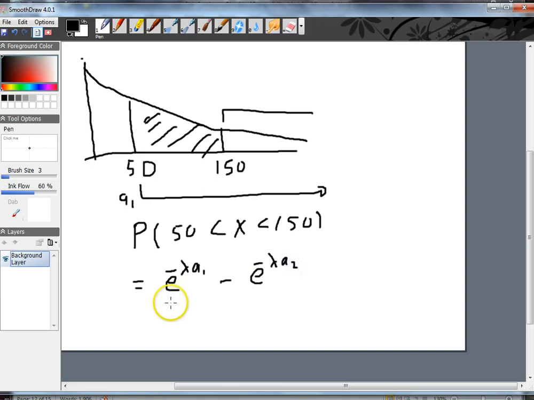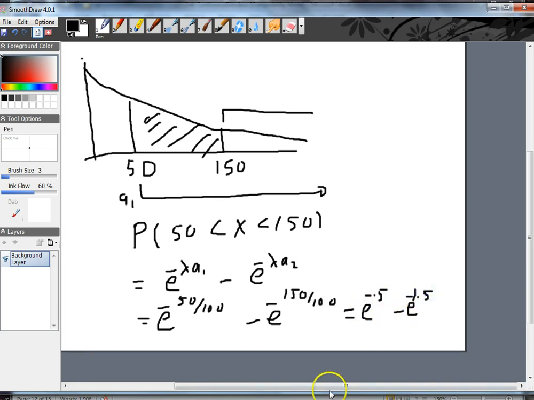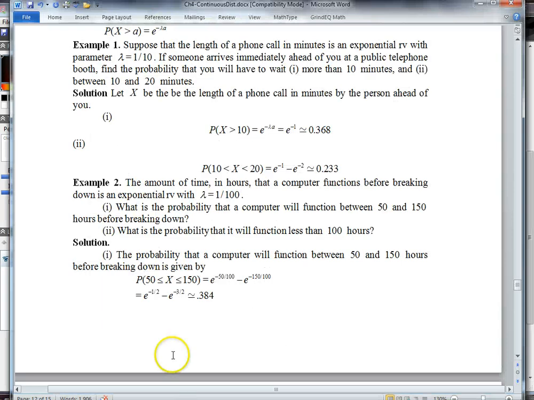Lambda is 1 over 100 and a1 is 50, so that's e to the minus 50 over 100, minus e to the minus lambda a2, where a2 is 150, so 150 over 100. If I simplify this, it's e to the minus half minus e to the minus 1.5. So I want to calculate these two numbers and find the answer.